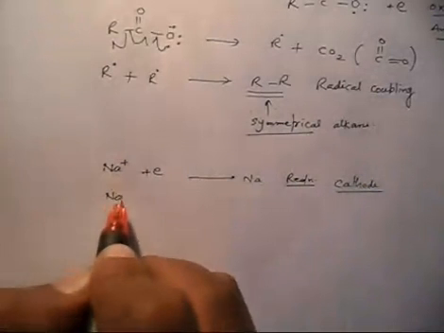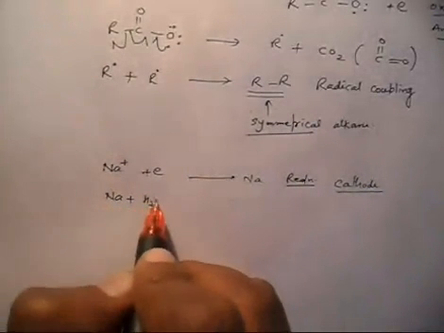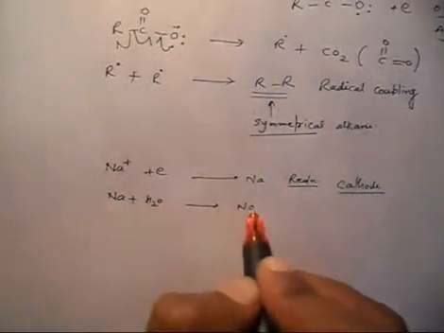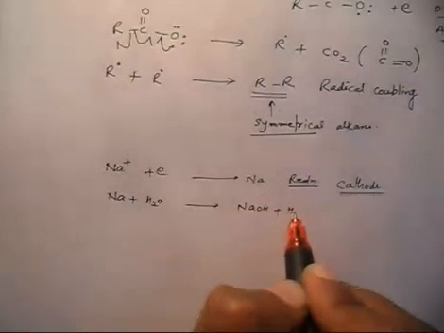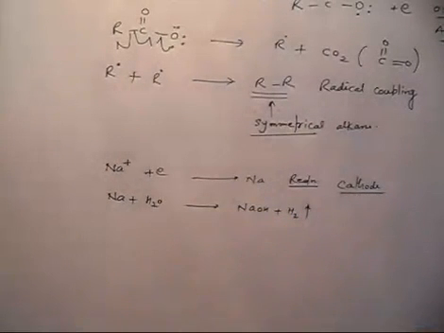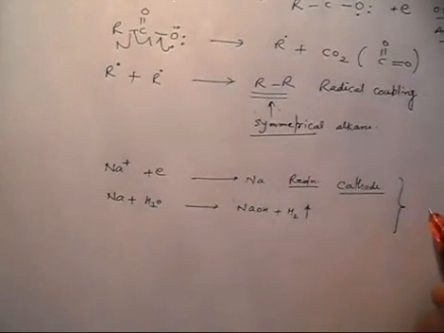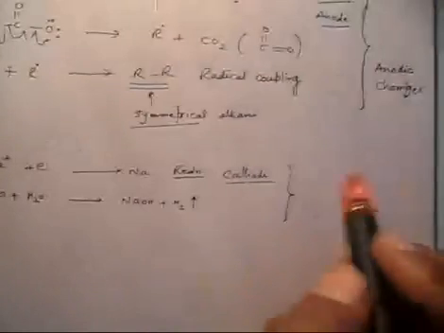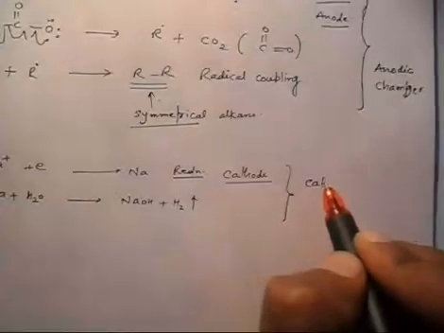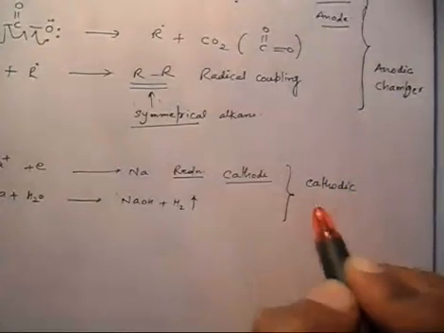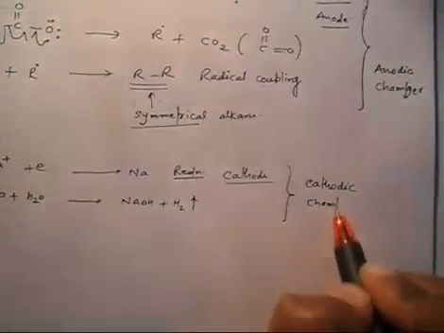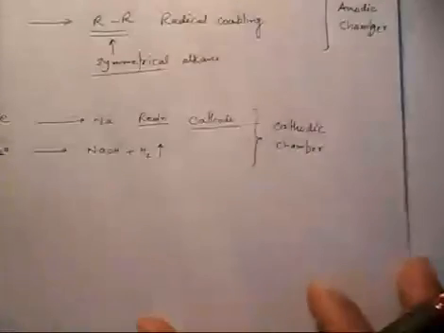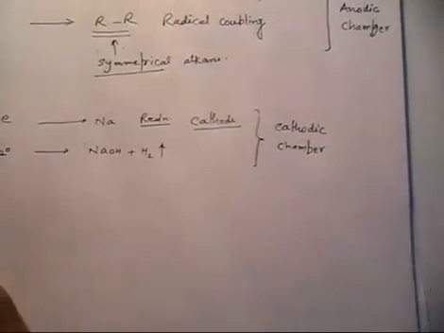Na is so reactive that as soon as it is formed it reacts with water and forms NaOH plus H2, as everybody knows, and H2 gas can be released. So these two reactions happen in the cathodic chamber.